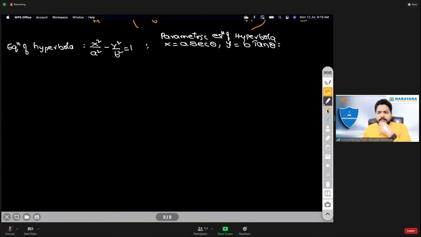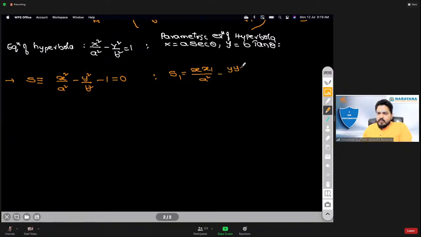Now in the next step, I will write the notations. S is equal to x square by a square minus y square by b square minus 1 is equal to 0. What is S1? x x1 by a square minus y y1 by b square minus 1 is equal to 0. It's a linear equation.